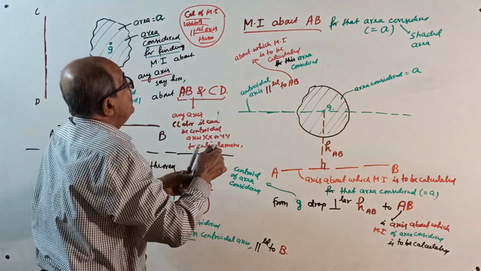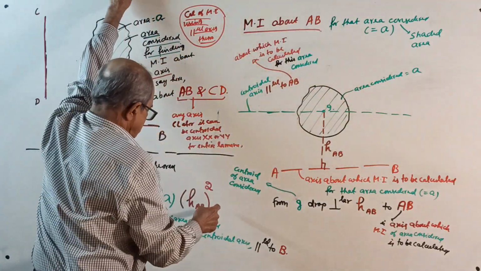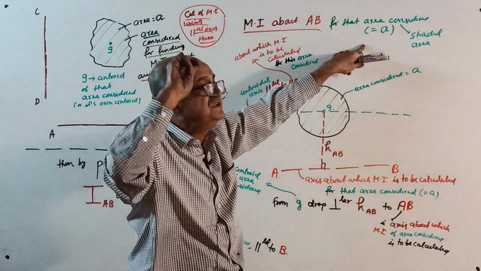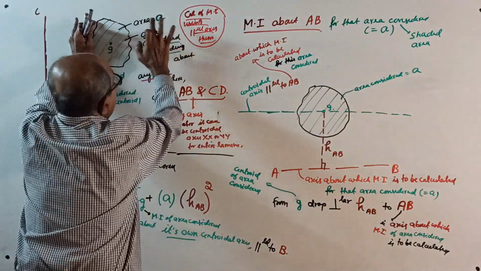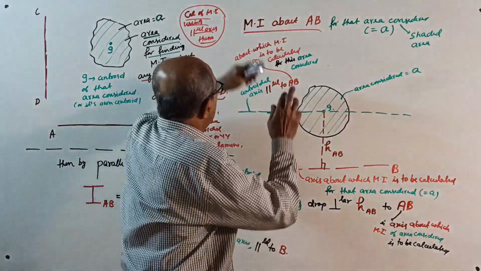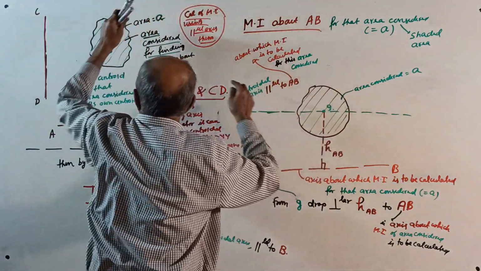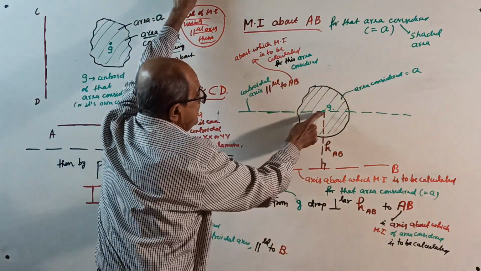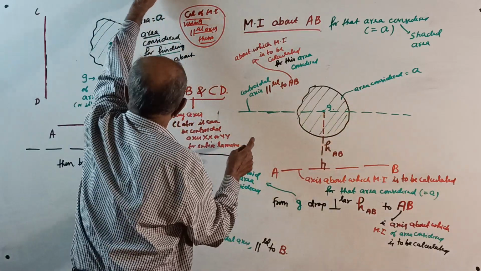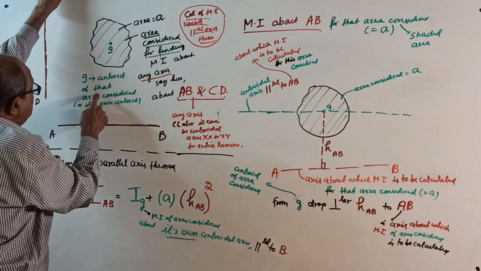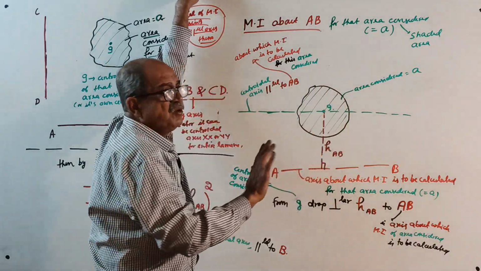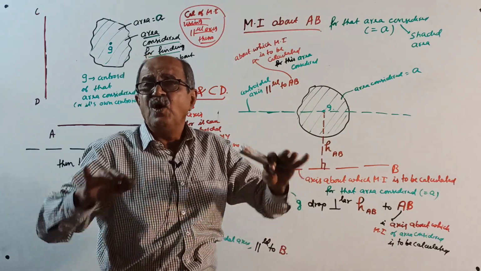Then come to this side. Moment of inertia about AB. Now see only AB, for that area considered, of area A, the green shaded area. I cannot reproduce the same area here, this zigzag way. See, centroid g: g is the centroid of that area considered, or its own centroid. Never bother about the centroid of the entire cross section or the whole area.